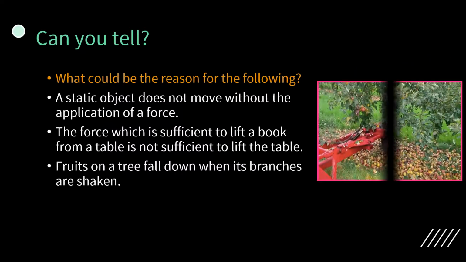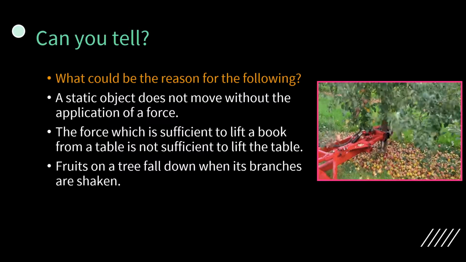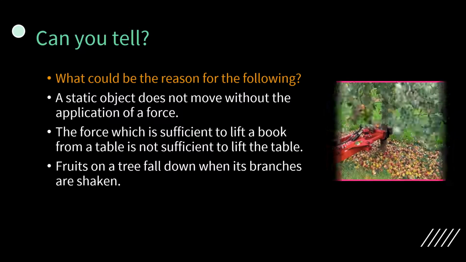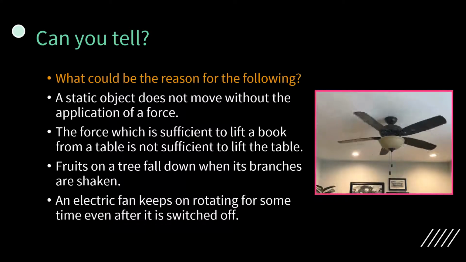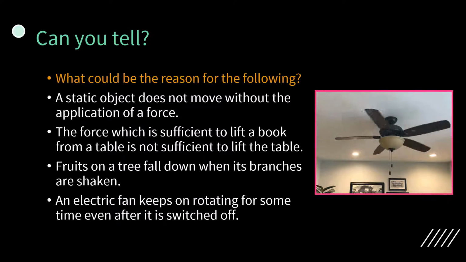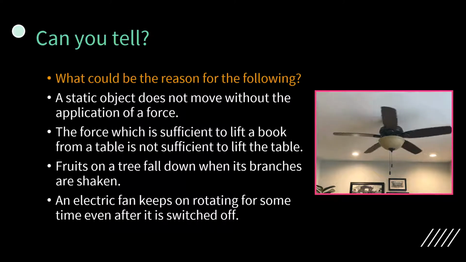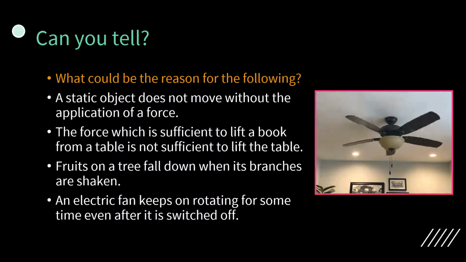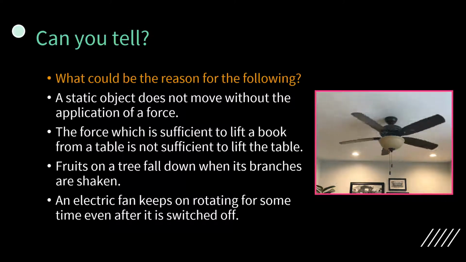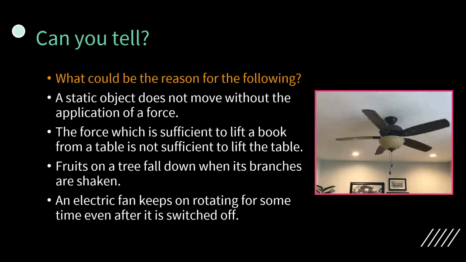Then, fruits on a tree fall down when its branches are shaken. Here, we are not even touching the fruit. You have seen this very often. An electric fan keeps on rotating for some time even after it is switched off. Have you guessed the reason behind these incidents? These incidents follow Newton's laws, which we will be learning in the coming slides.